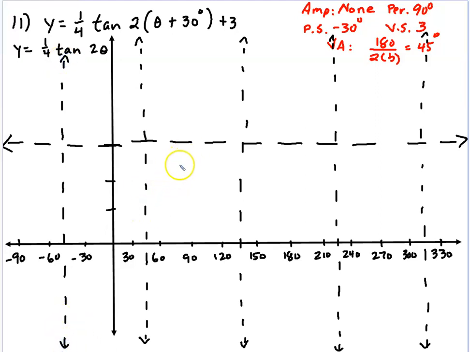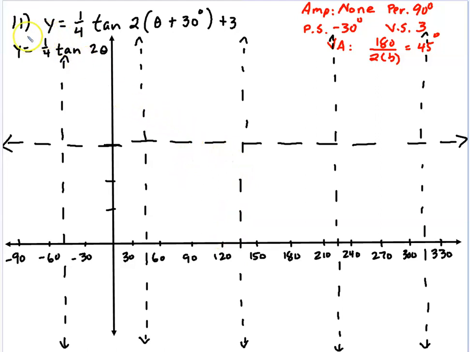Okay, so for just the regular graph of 1/4 tan 2 theta, we would be splitting the difference. So obviously we would have a point right in between these two verticals. If you can't tell by looking at the graph, this is 45, this is 135, and halfway between the two would be 90.